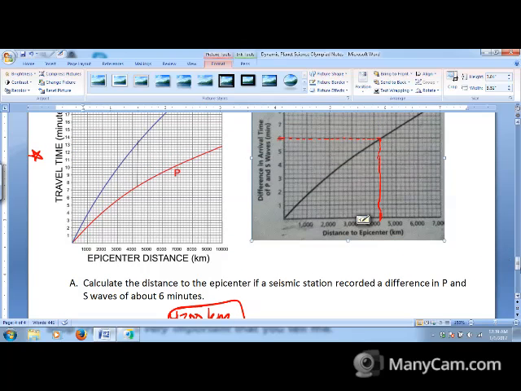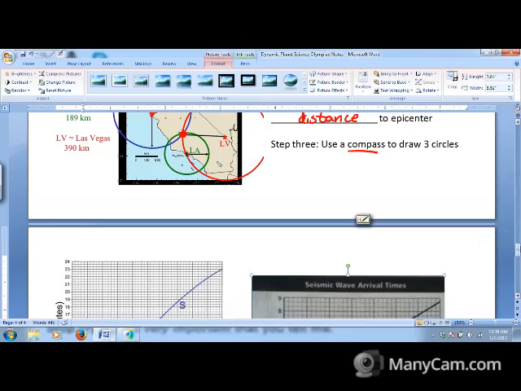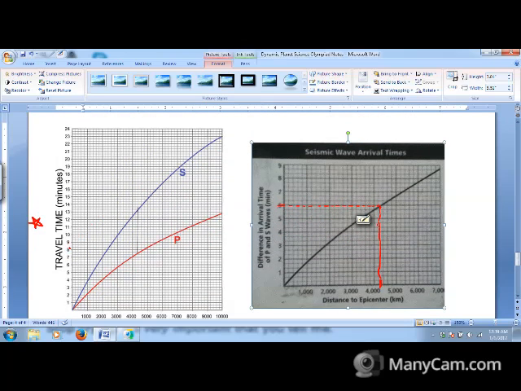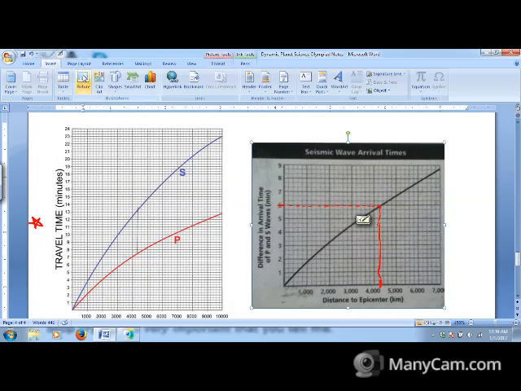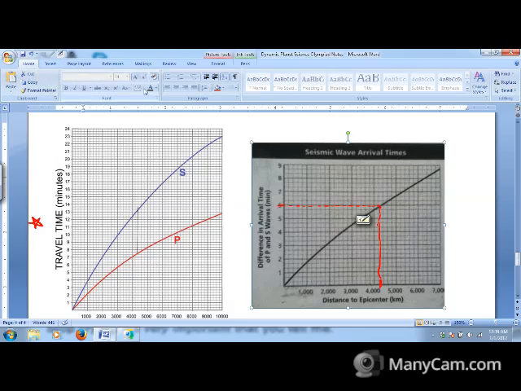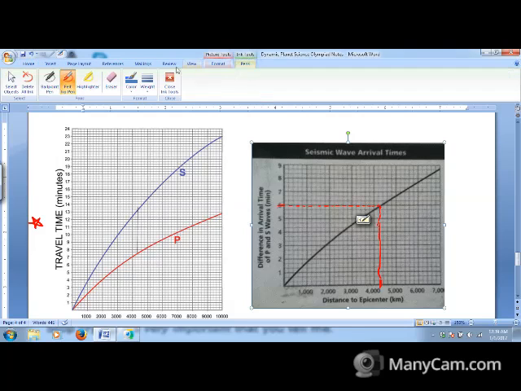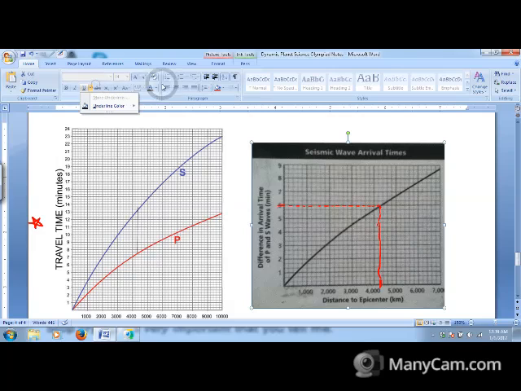The alternative is if we know the difference is 6 minutes, what we can do is draw a line. It's glitching out on me. All right, whatever.